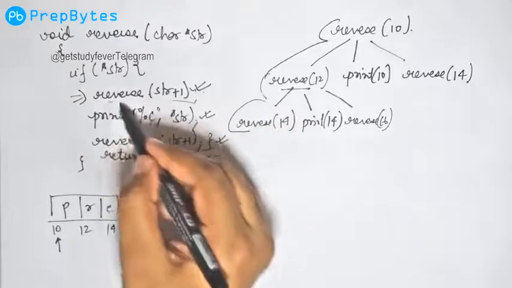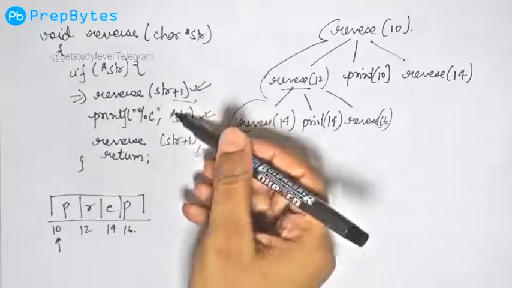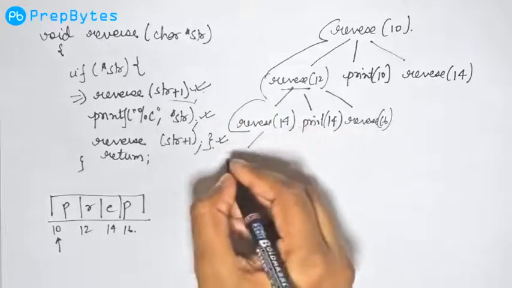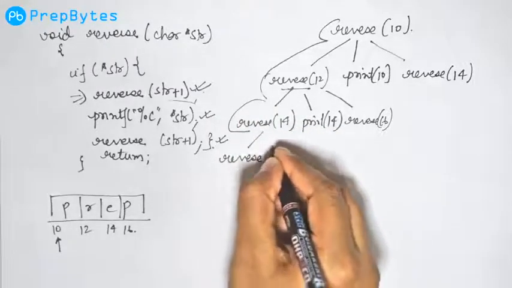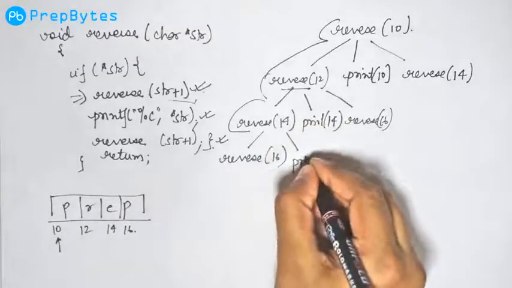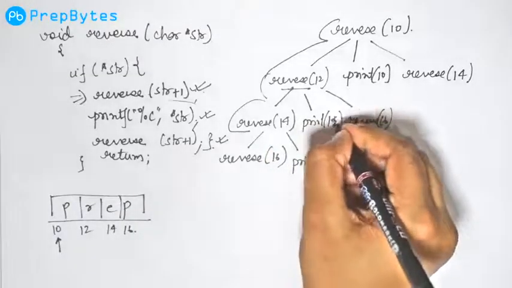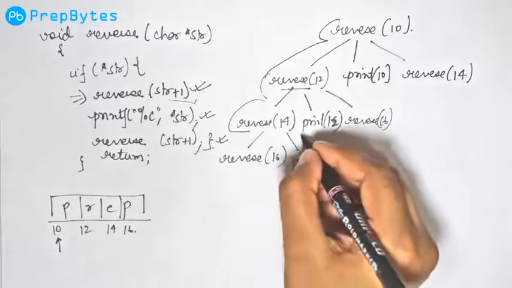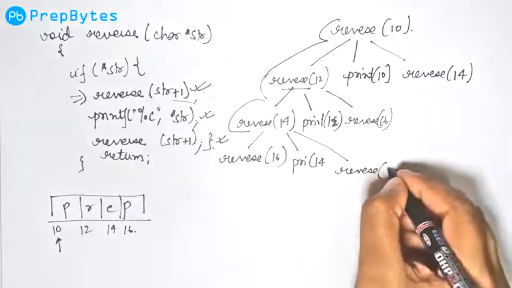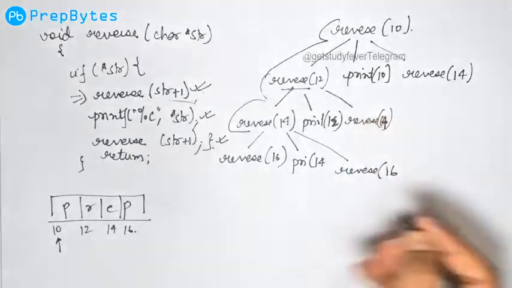Then again it is coming here, and it is continuously storing what has to be executed next. So now reverse 14 will call reverse 16, will print 12, will print 14, and will call reverse 16.